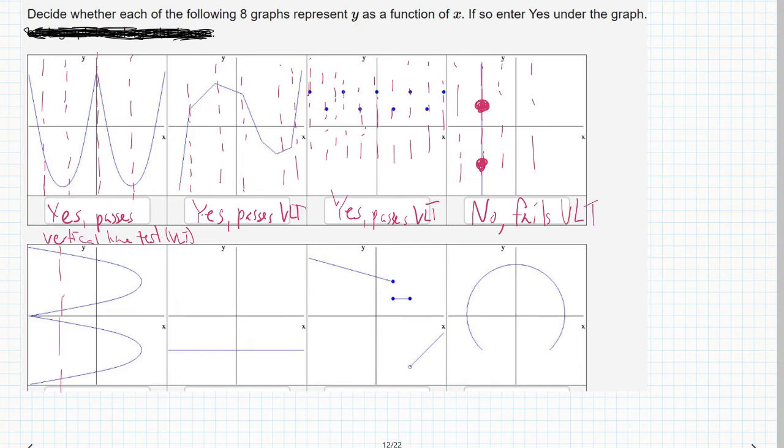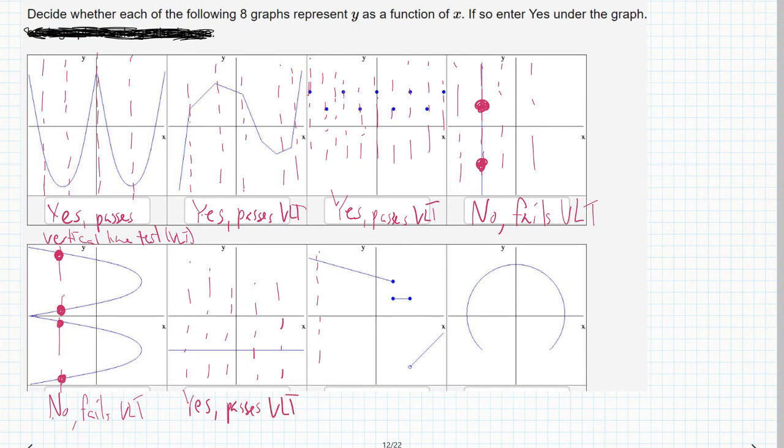We have this vertical line, and notice that it's hitting the graph, in this case, 4 times. So this one's no, fails the vertical line test. On our next one, we have a horizontal line, and no matter where we draw our vertical lines, it's going to hit only once. So this is yes, it passes the vertical line test.